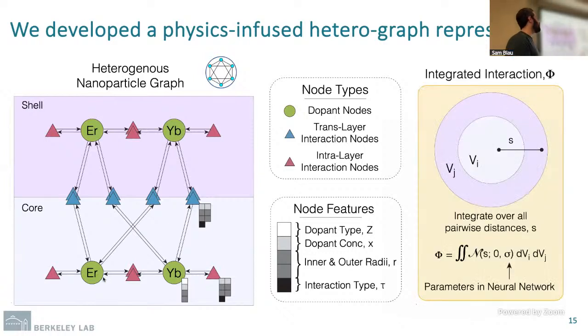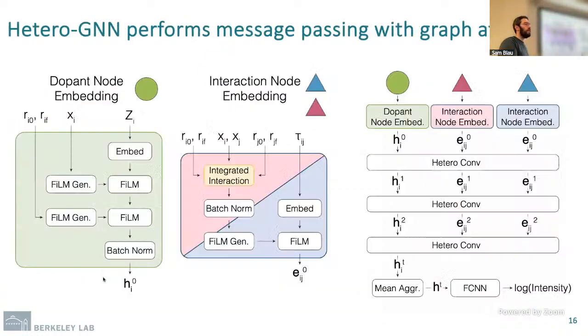And then we also bring in the geometry of our system. We're dealing with spherical shells, and we can do this double integral capturing how two points within two spherical or spherical shell regions can interact, where we have Gaussian distributions with learnable sigmas in our integral, integrating over all the pairwise points that can interact within these two regions.